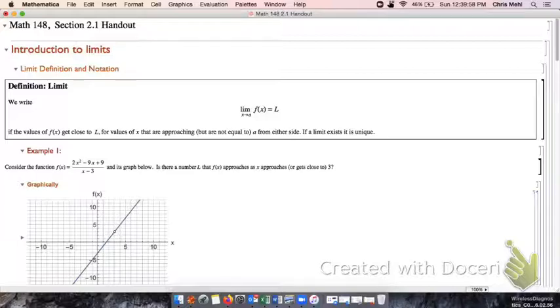Okay, so what is a limit? I'll talk about notation for a second, kind of give you an idea. Now, a lot of you might be familiar with the notion of what are called asymptotes, vertical and horizontal.